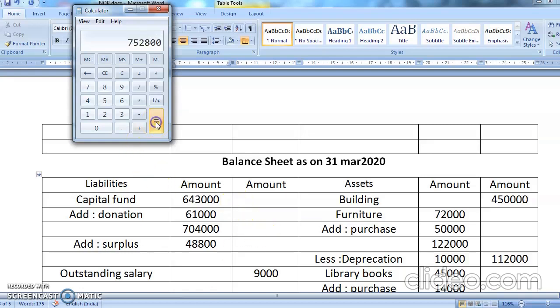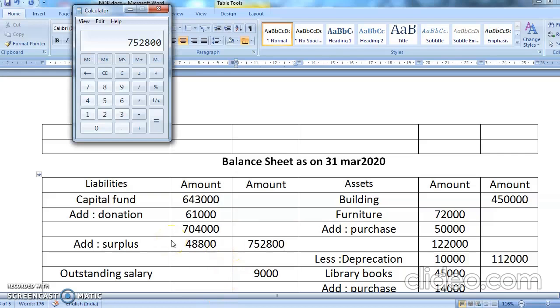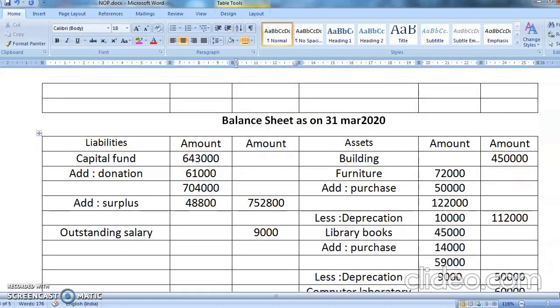So your total is coming to 7,52,800. Now you're going to add this plus 9,000. So this is coming to 7,61,800.